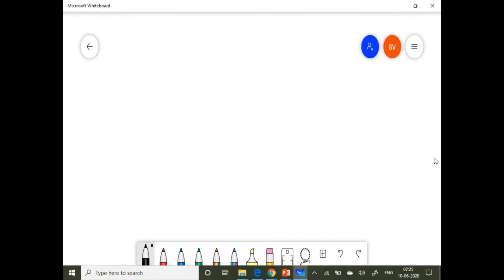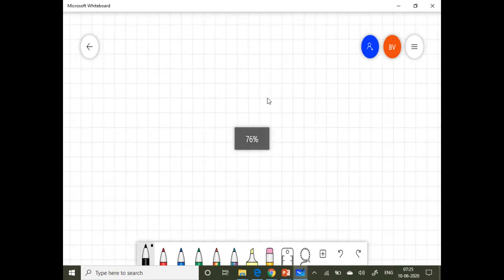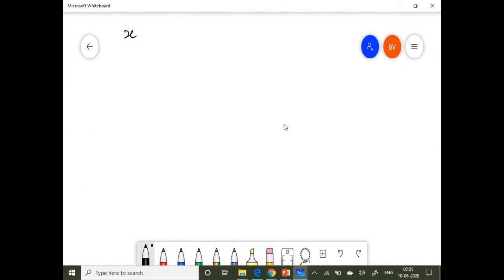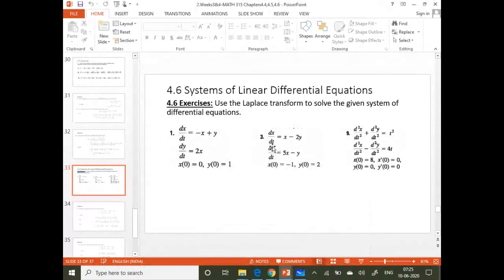So let me write the question first. X prime is equal to x minus 2y. Let me verify the question. Is it x prime?